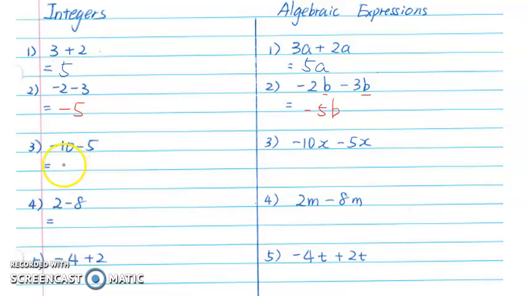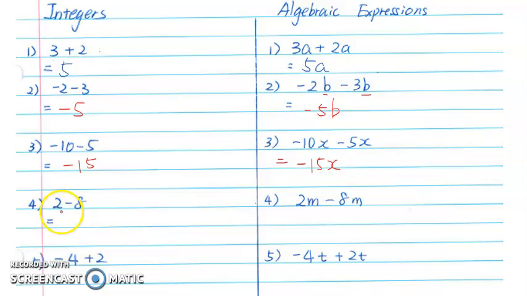Negative 10 and negative 5 will give us negative 15, so negative 10x and negative 5x will give us negative 15x. You can interpret it this way: if I borrow 10 of x and borrow another 5 of x, what is the balance now? I have borrowed 15x altogether.